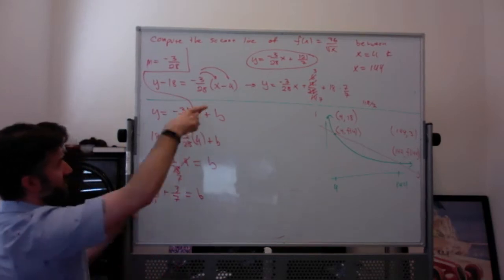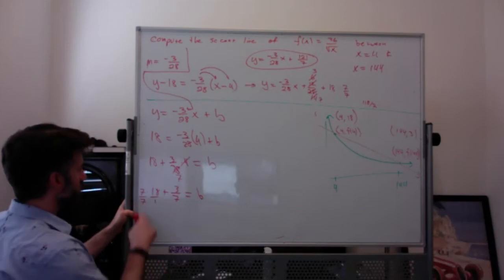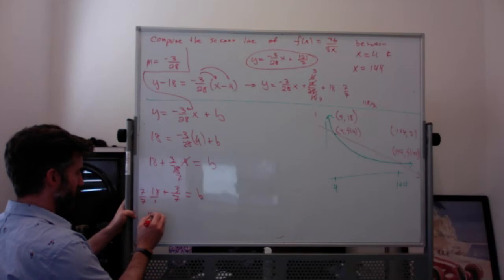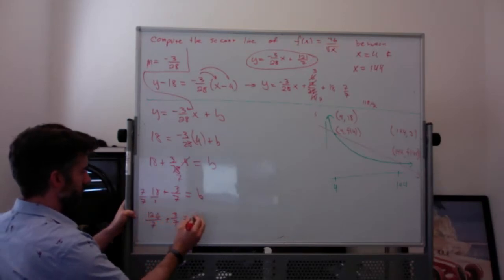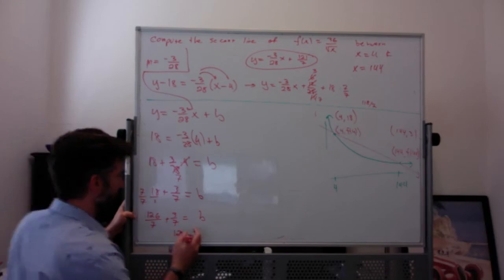Oh, I made a mistake up there. 7 times 18 is really 70 plus 56, which is 126. So I get 129/7 for my b value, which is what it should have been up there. I made a small mental math error.